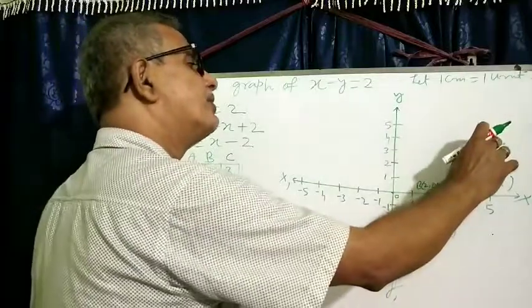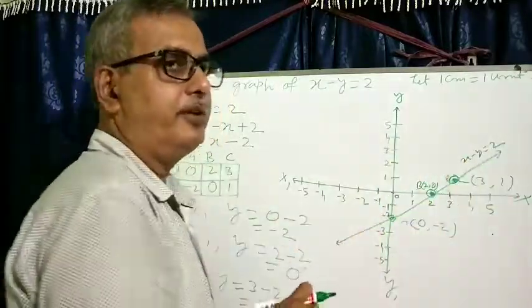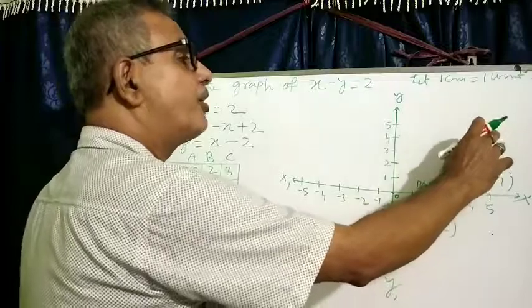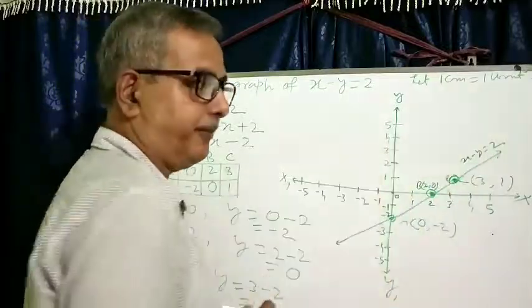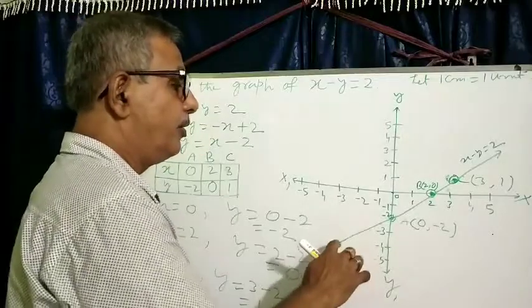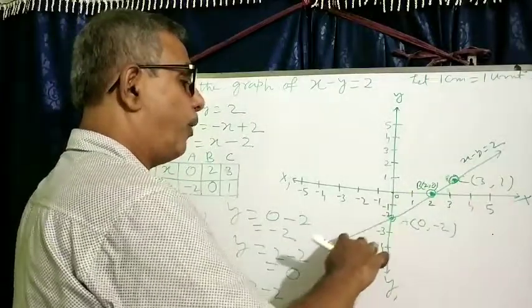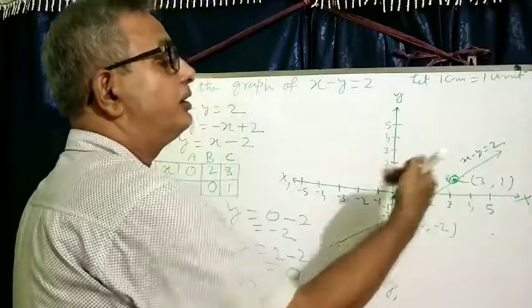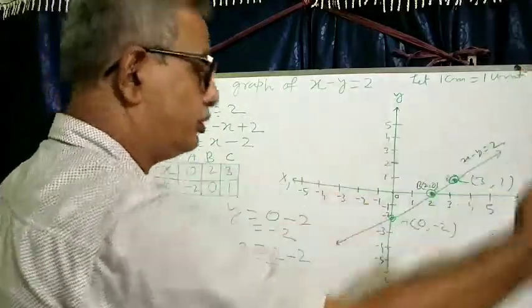That means this equation is the name of this line. This is the recognition of this line. Suppose somebody is asking me what is the equation of this line, then I will have to reply x minus y is equal to 2.